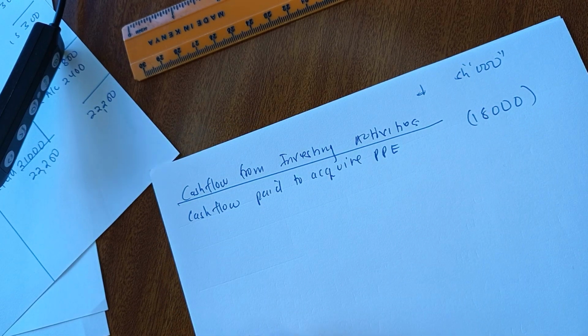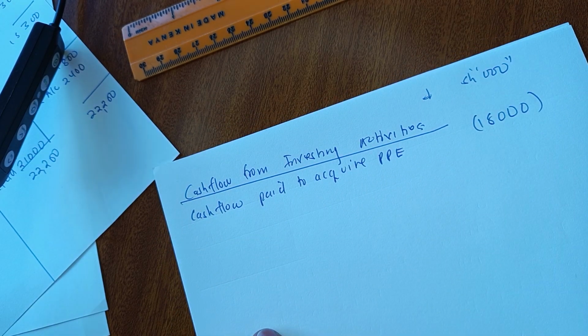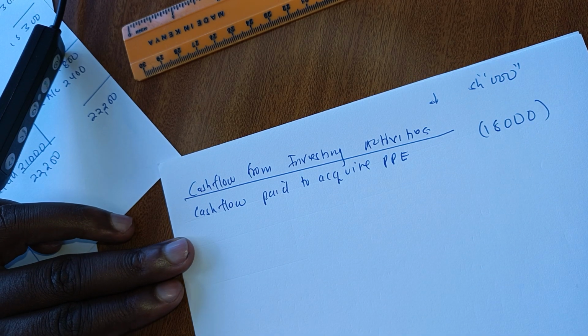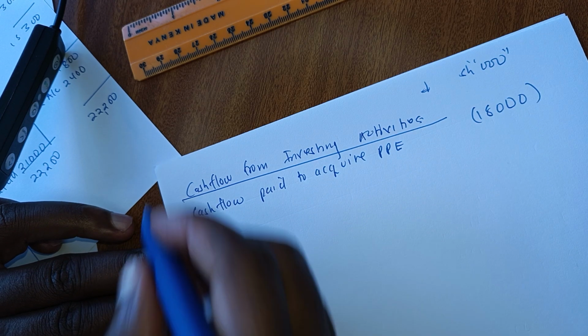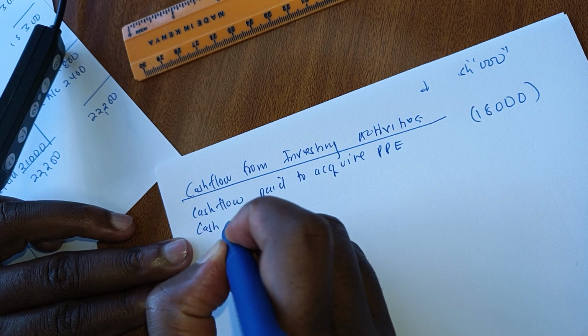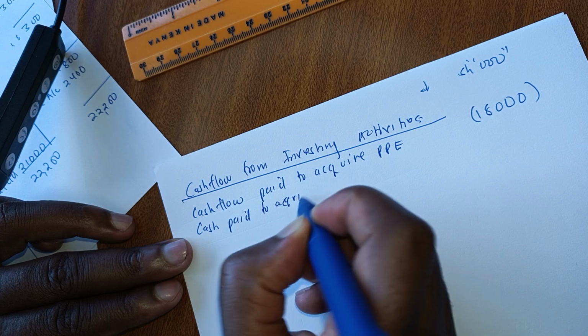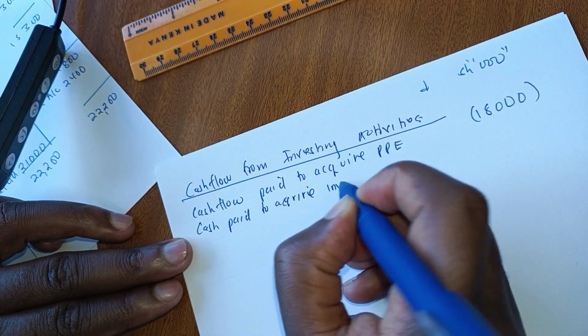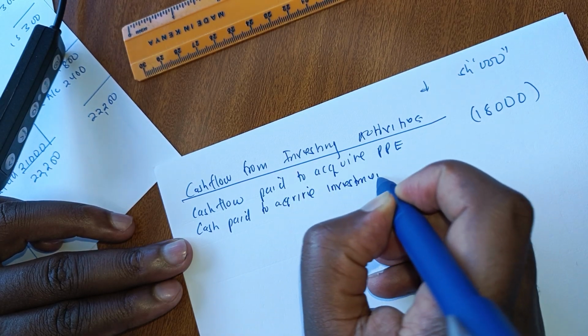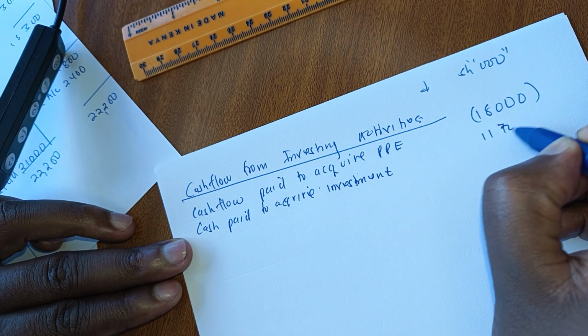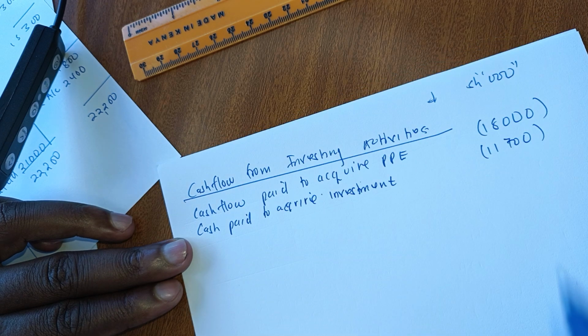Now, the next is there was also investment that was bought. So cash paid to acquire investment was 11,700. Also cash moved out.